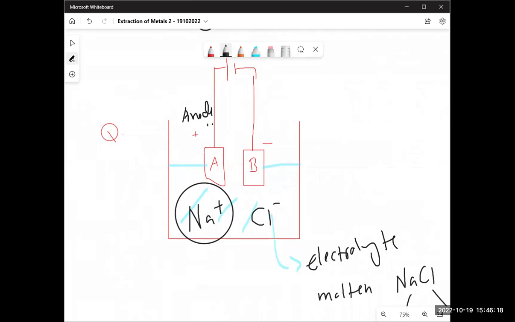Anode, which is A, or cathode, which is B? Think about it. Give me any answer. If you don't know the answer, say I don't know. That is also a valid answer. So I've gotten one answer. The others tell me.